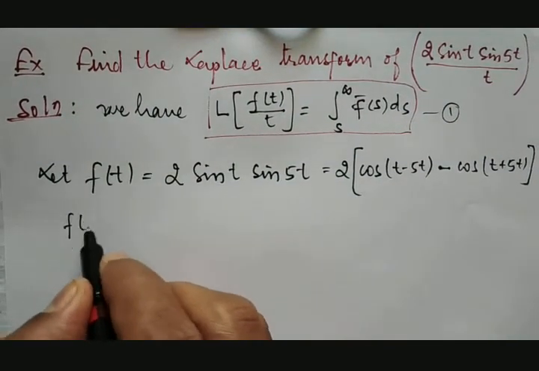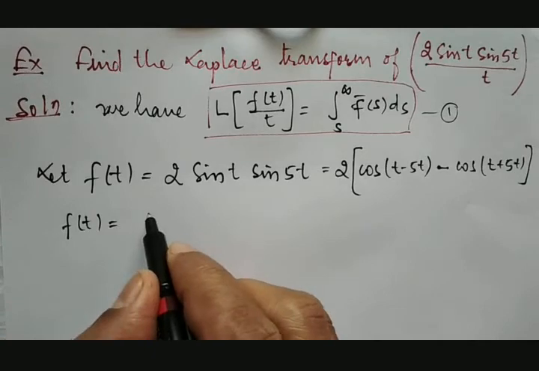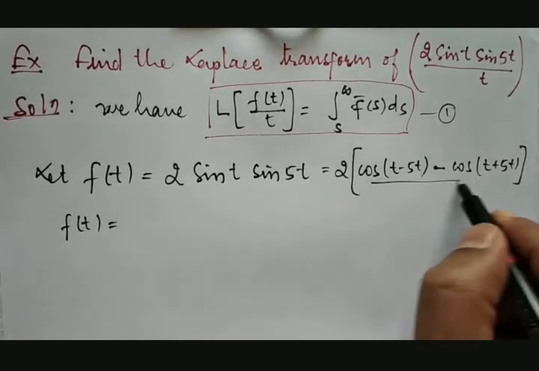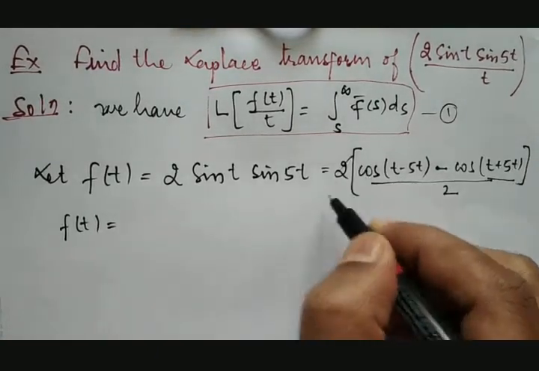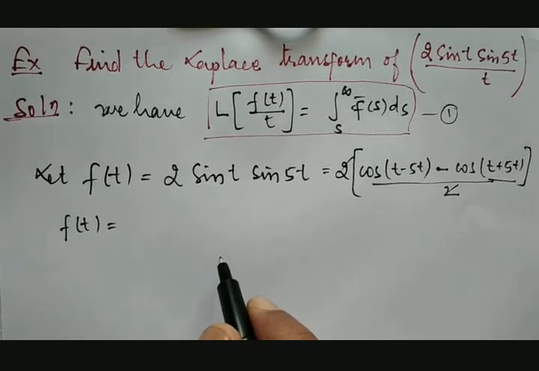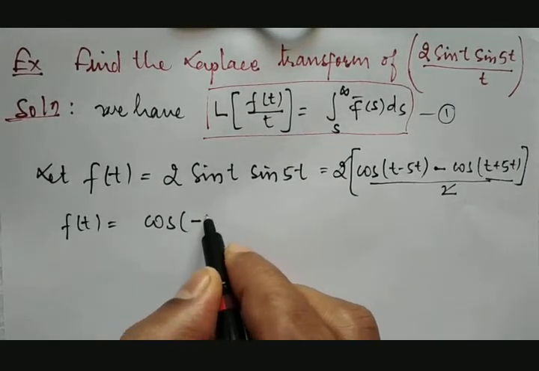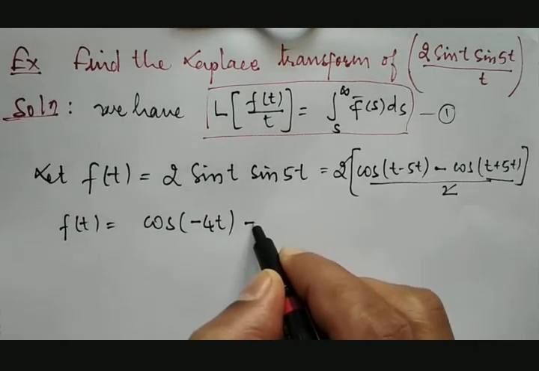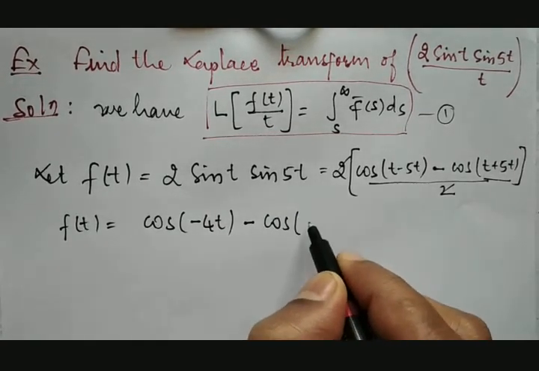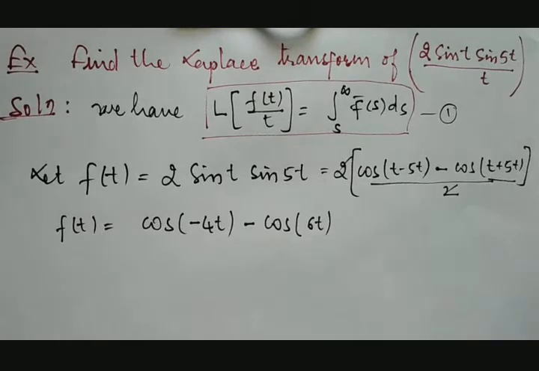Therefore, f of t is equal to this divided by 2, so the 2 gets cancelled. Therefore, this is equal to cos of minus 4t minus cos of 6t.